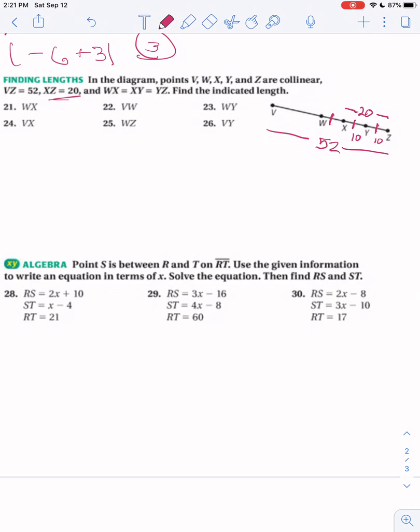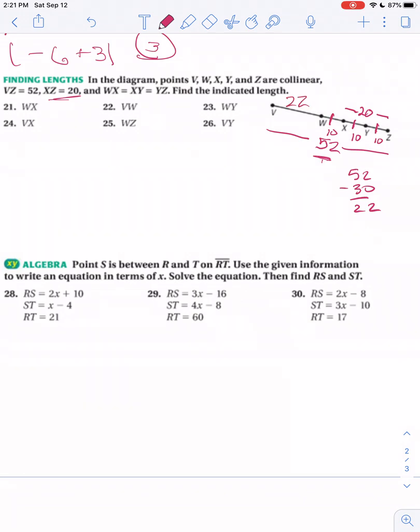If those 2 pieces are 10, and all 3 of these pieces are the same, this piece must also be 10. If the whole segment is 52 and we have 30 here, then 52 minus 30 means that the missing piece VW is 22 units long.